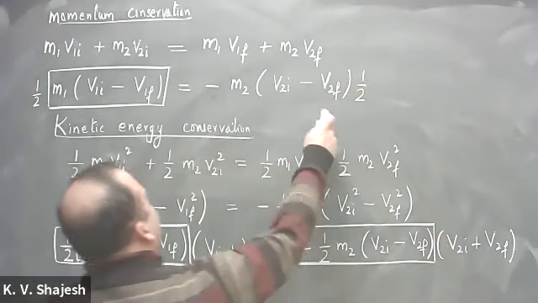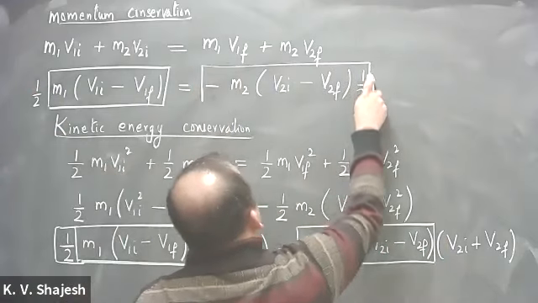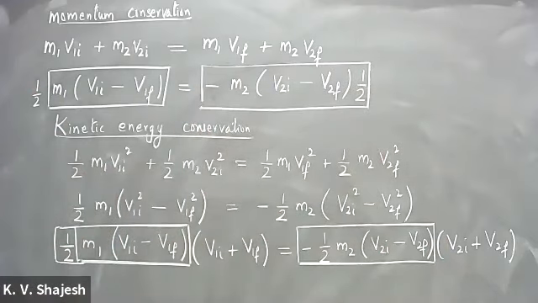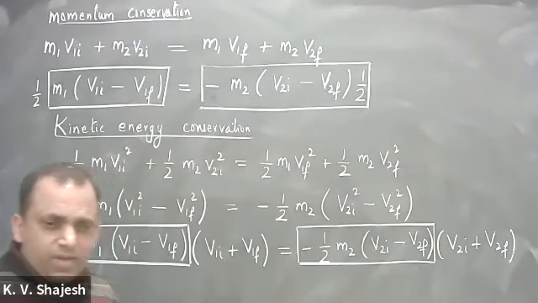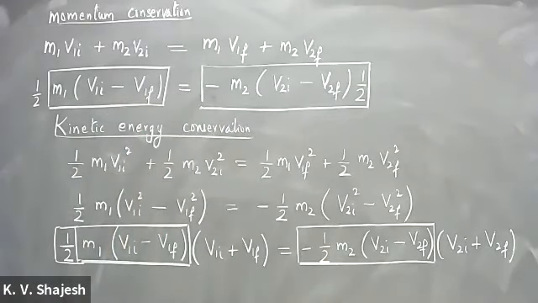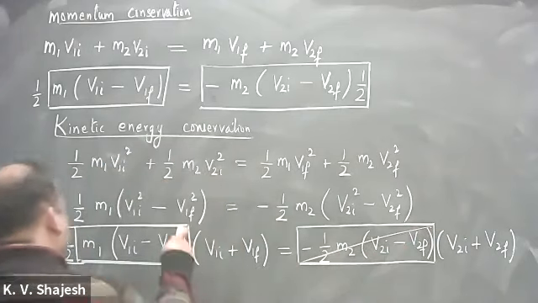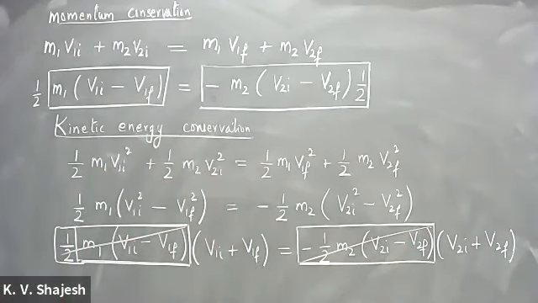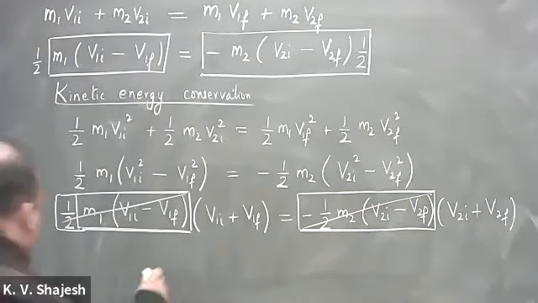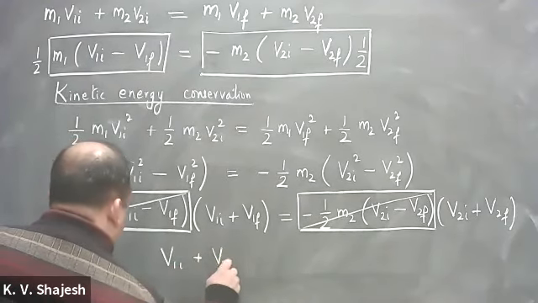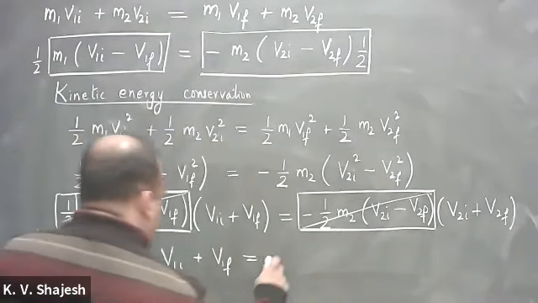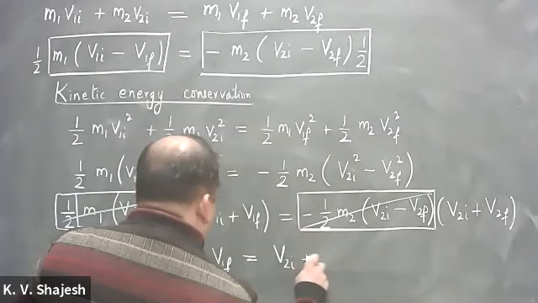There's a half in there. So introduce that half there. And the boxed quantities are all equal because these two boxes are equal. So I can cancel that whole box out on both sides. And what I'm left with is just a linear equation, V1 initial plus V1 final is equal to V2 initial plus V2 final.